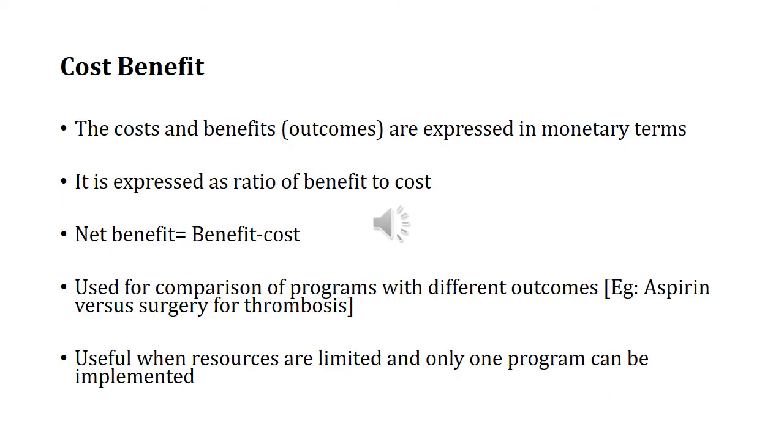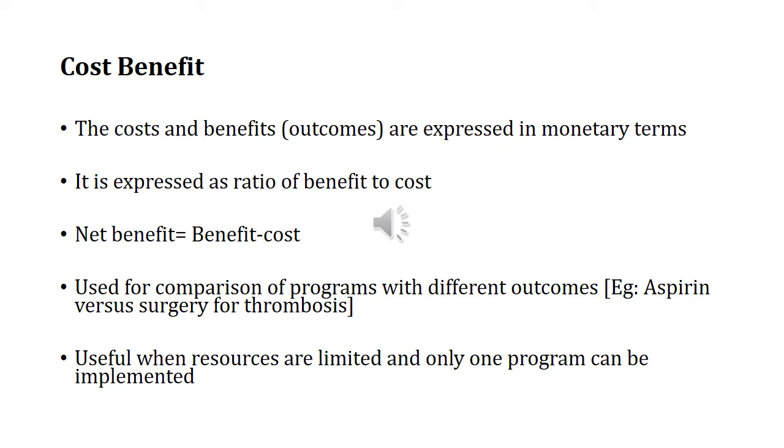The cost to benefit analysis expresses the outcomes in terms of money. It is expressed as a ratio of benefit to cost, and the net benefit is given as the benefit obtained from a therapy minus the cost of that particular therapy.